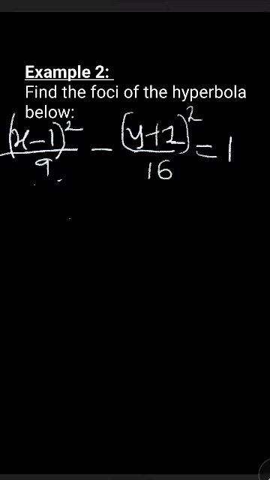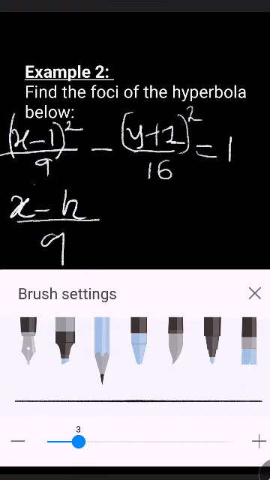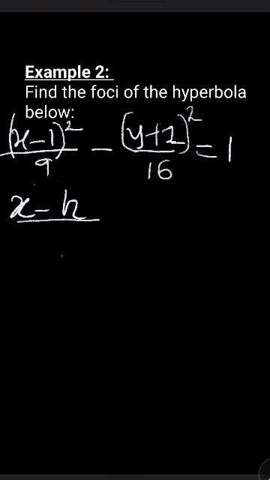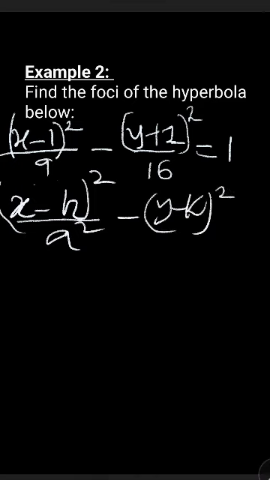The canonical form we are going to use will be x minus h, we square it, over a square, minus y minus k, we square it also, over b square.